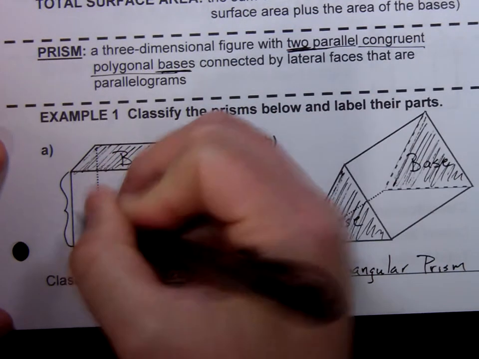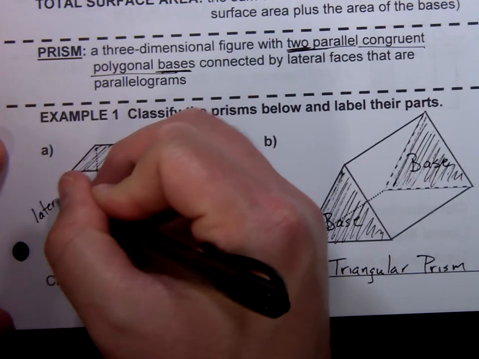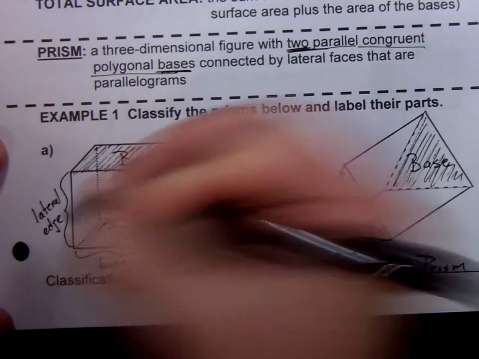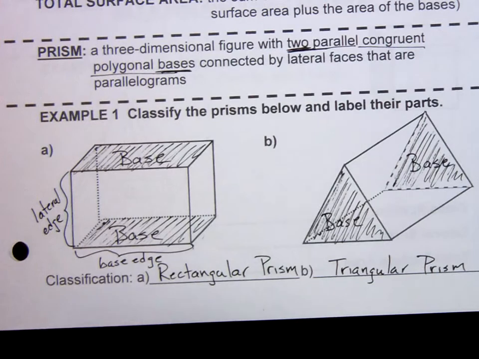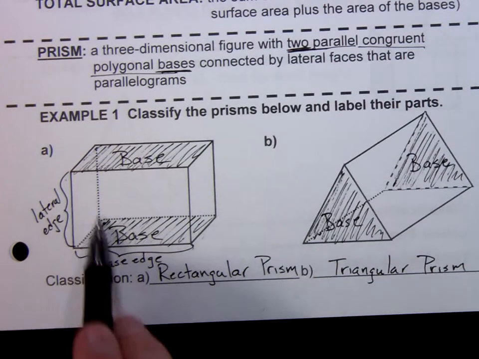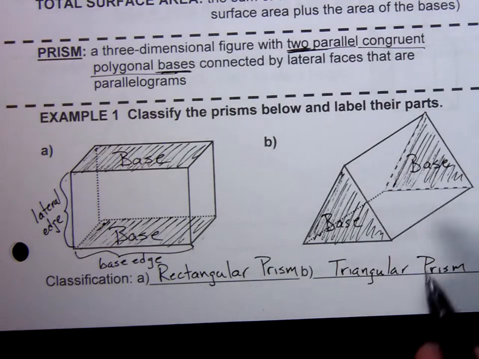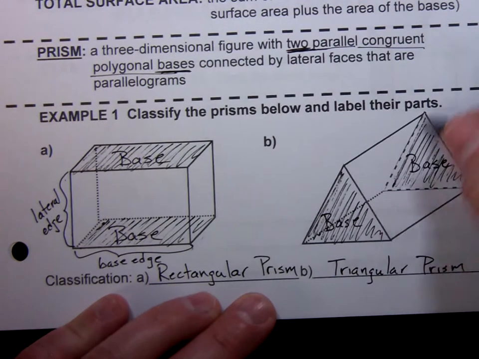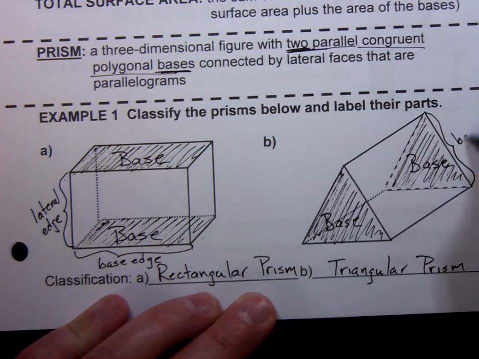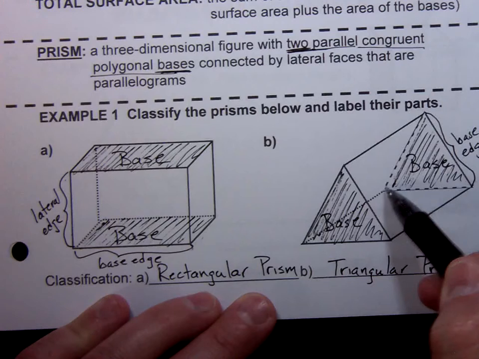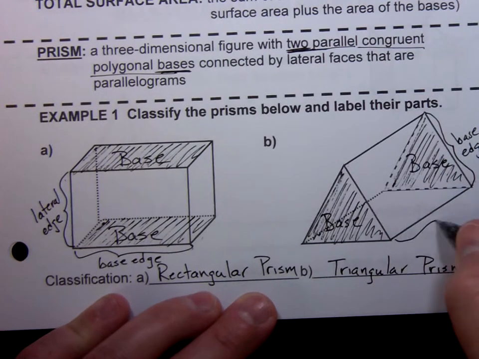So this would be a lateral edge. This is a lateral edge, this one, and this one, all lateral edges. So over here, same thing. All of these segments that are going around the base are base edges. And then the segments that are not part of the bases but run from one base to another, that connect the two bases together, those are called lateral edges.